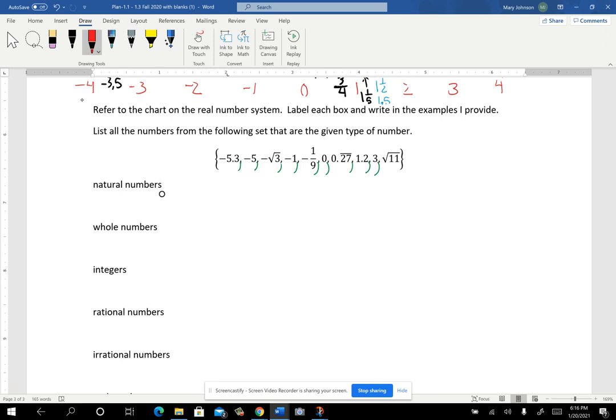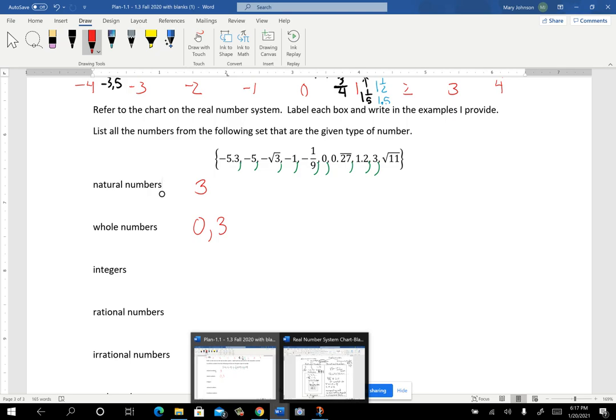There's really just one. It's the number 3. Okay. And then whole numbers include all the natural numbers, but then also 0. So the whole numbers would be 0, but don't forget to write the 3 again, because 3 is a natural number, but it's also a whole number.